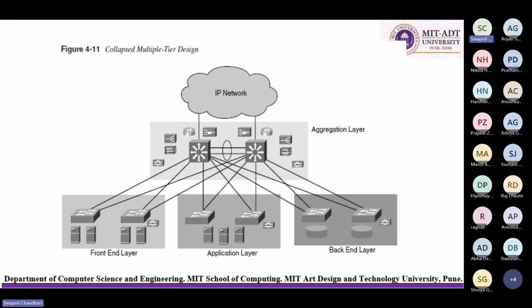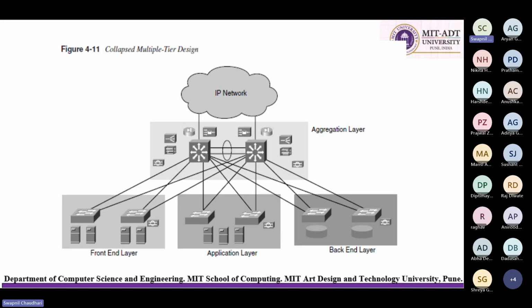What is a collapsed design? In a traditional multi-tier design, each layer is connected step by step, like a web server to the application to the database server. But in a collapsed design, these layers are still logically separated but physically connected more directly. So this reduces the complexity.